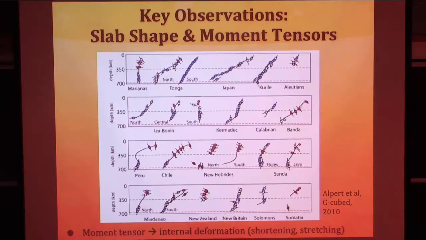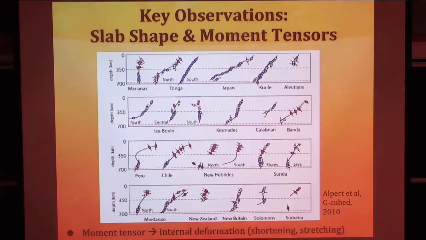People often say stress, but we actually don't know the level of stress, so it's more the strain. You can get a principal compression axis, a principal tension axis and a neutral axis. That brings in a bunch of assumptions, but it's a good way of getting a sense of the average stress state at the location of the earthquake.